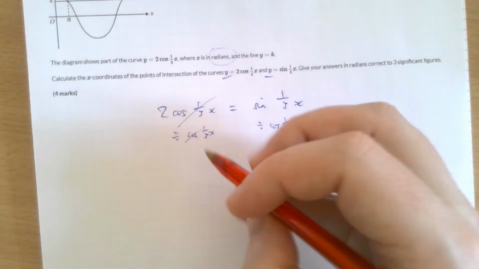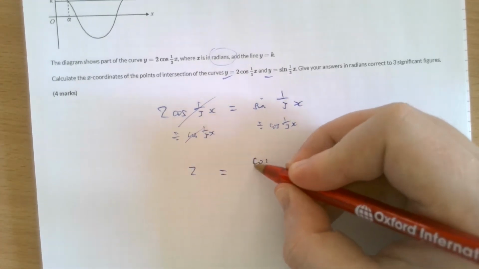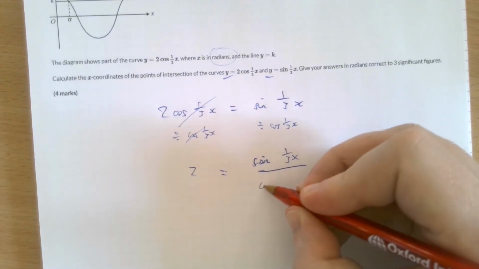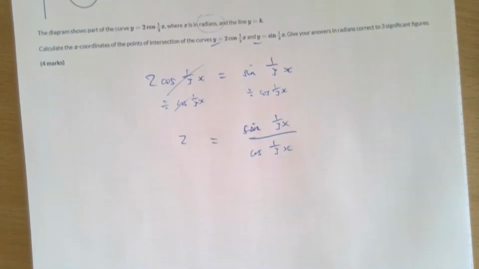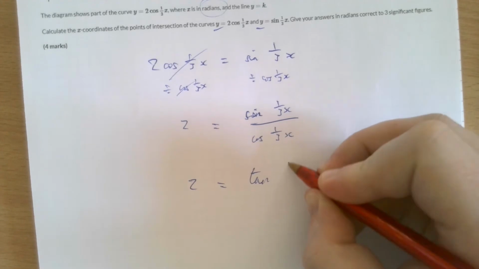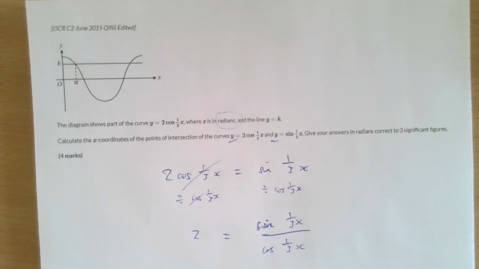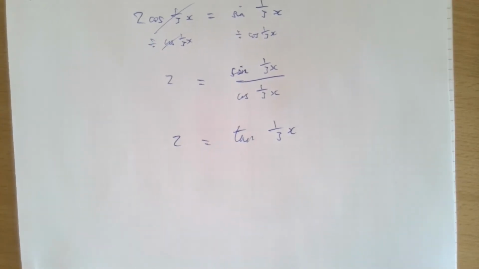That eliminates the cos on the left-hand side, and I'm left with 2. On the other side, I have sine a third of x over cos a third of x. Yes, you guessed it, 2 equals tan a third of x. Oh no. The diagram above is no longer relevant. I have an equation in tan.